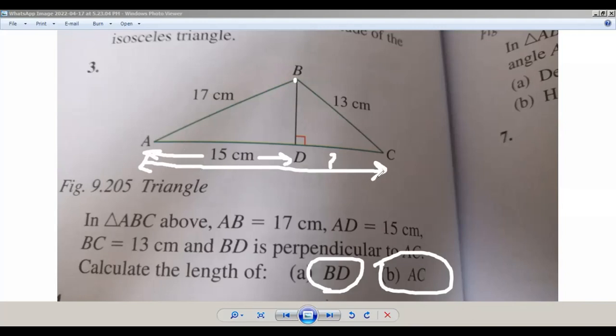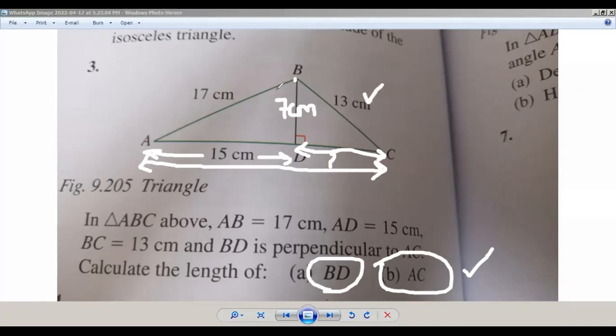Follow? Now, when you get BD, let's say I get 7. The question says to find AC. AC is just all of this thing here. So to find AC, what are you going to find? D to C. But DC is a short side, so we're going to use the 13, which is the long side, and the 7 to find DC.